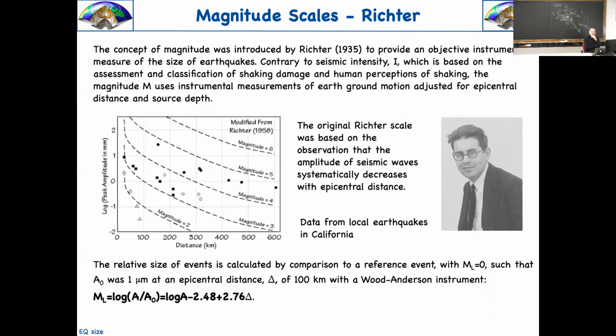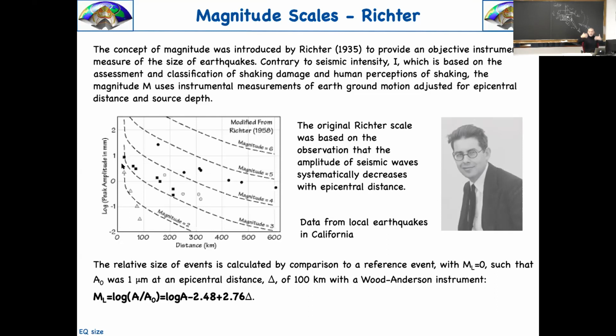And he was noticing that, according to the distance, the logarithm of the amplitude was, as we can get by intuition, getting smaller on average. Why? Well, we have many candidates here, and the first one is geometrical spreading, because spherical waves and surface waves decay as 1 over distance or as 1 over the square root of distance.